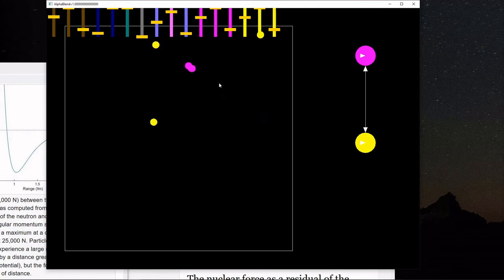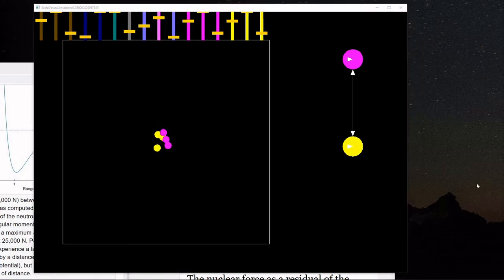So maybe I should start it over and get the 3 protons apart from each other. Okay, so here's 3, and they're pretty much far apart from each other. So let's see if we can get these electrons to wobble. 3-point wobbles.